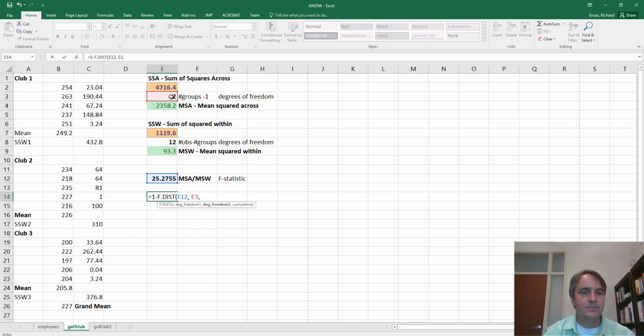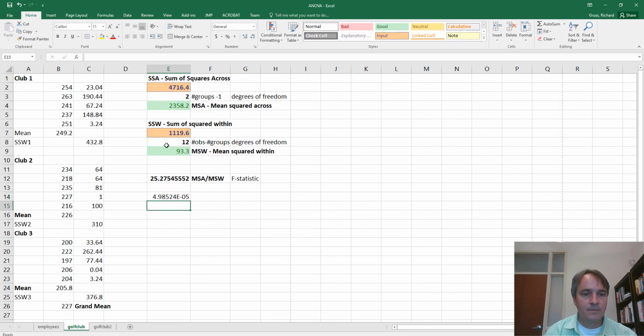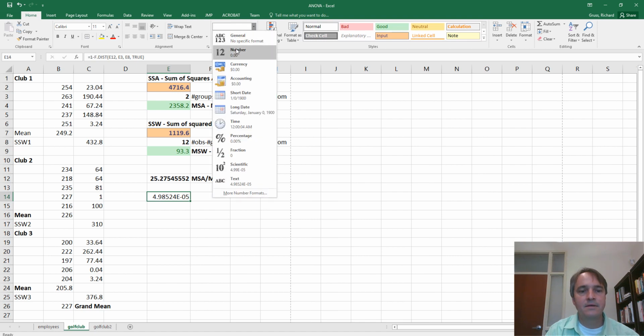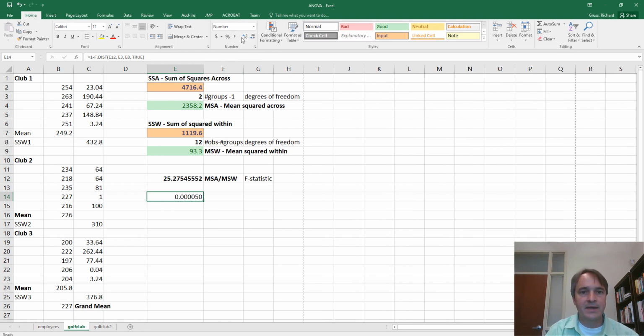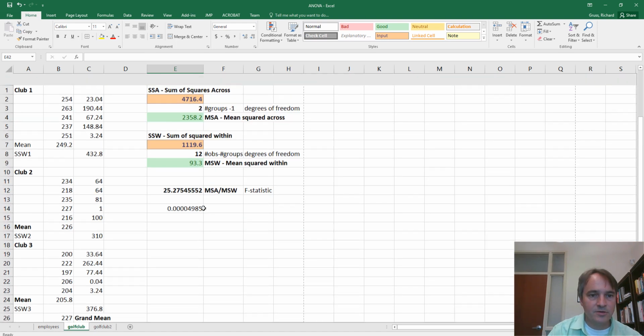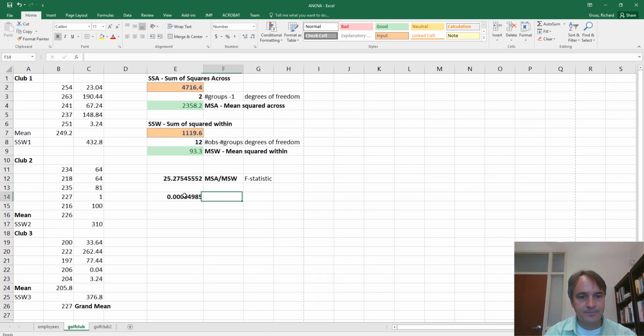So it was number of groups minus 1. Denominator degrees of freedom was number of observations minus number of groups, which we calculated here. And then we always put true here. If I format this as a number with more decimal places, you'll see this is going to be my p-value.